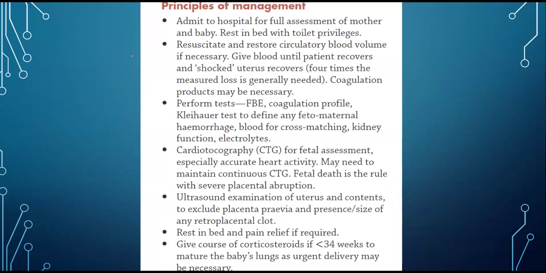Resuscitation is the first thing that you do. And then you send the blood for some tests. So you do a full blood count, you send the blood for cross matching. Then you do ultrasound and CTG. Ultrasound to exclude placenta previa and to find out how the baby is doing, and cardiotocogram also to assess fetal cardiac activity.